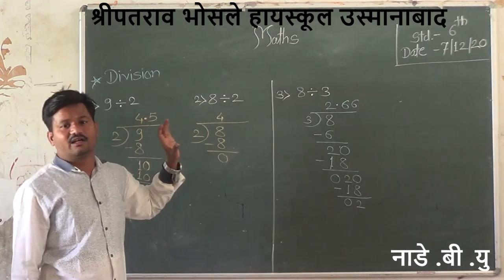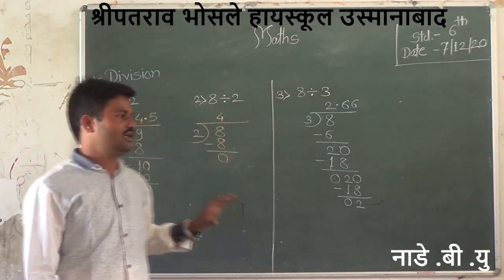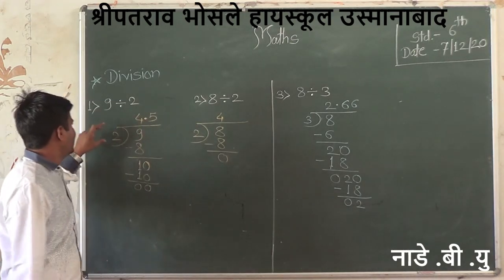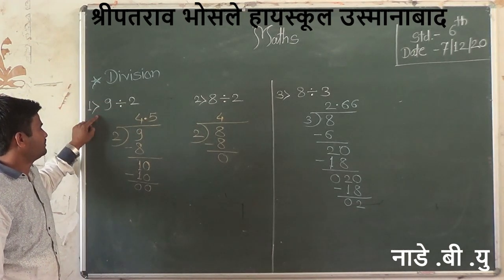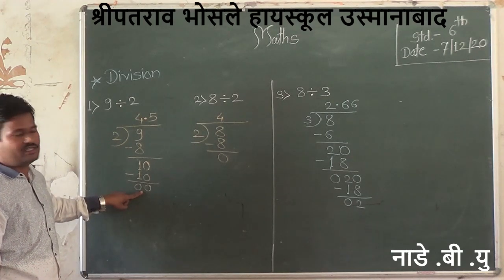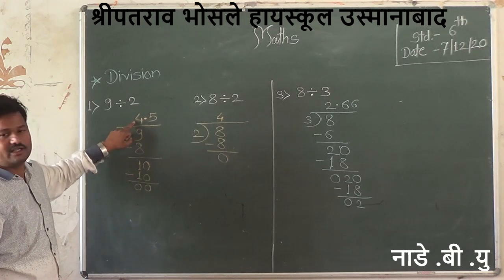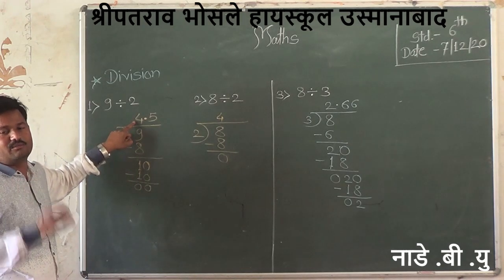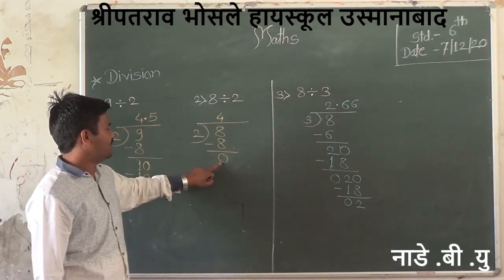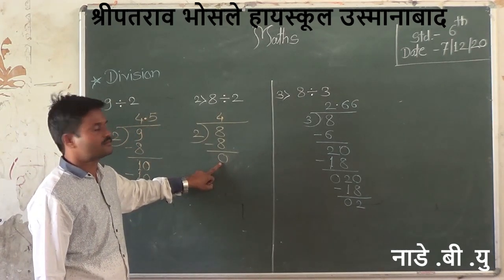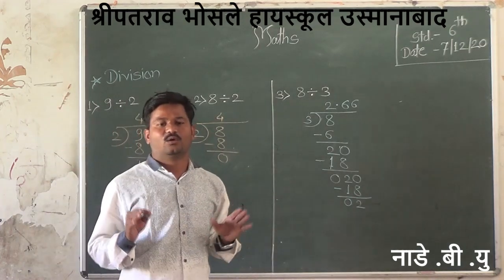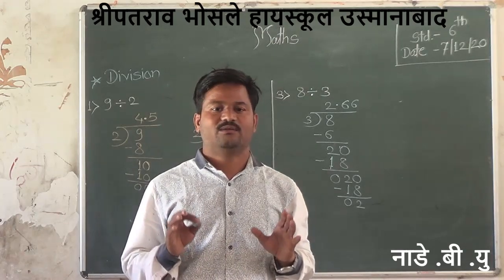What is the difference in the second example compared to the first and second? Here in the first division, the division is completed, meaning the remainder is 0, but the quotient is a decimal fraction. In the second example, the remainder is 0 and the quotient is only an integer, not a decimal fraction.